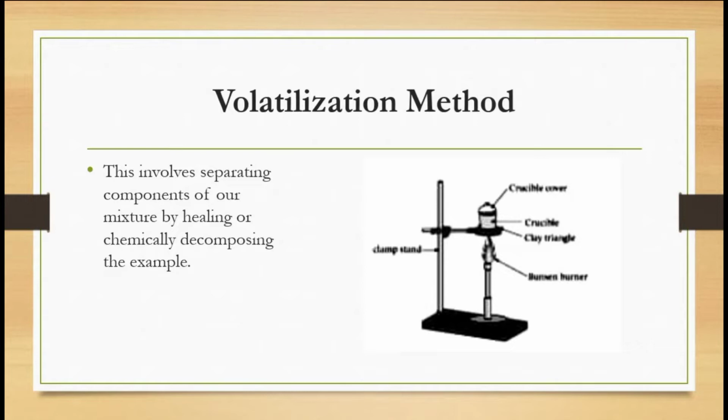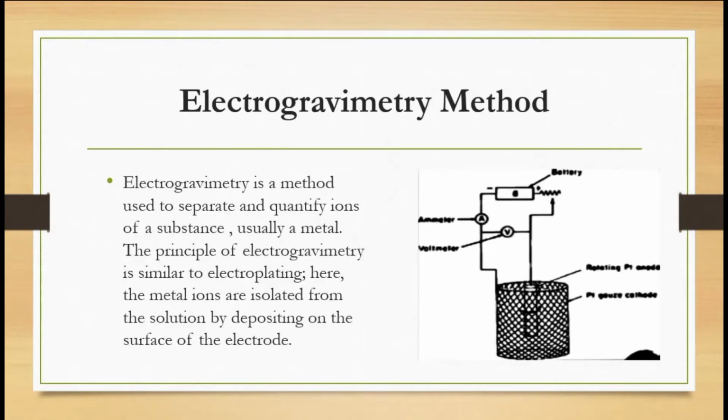Next is the third type of gravimetric analysis, which is the electrogravimetry method. Electrogravimetry is a method used to separate and quantify ions of a substance, usually a metal. The principle of electrogravimetry is similar to electroplating. The picture shows the process of electrolyzing ions of a material, often a metal. The analyte is deposited on the cathode as a result of electrochemical reduction.